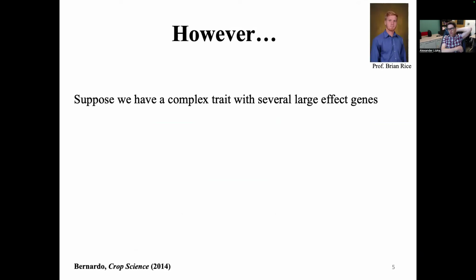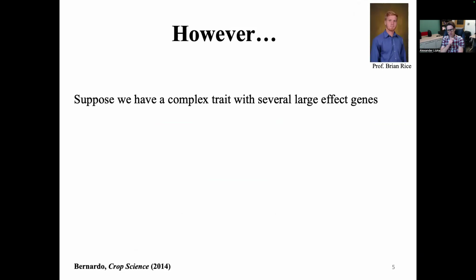So here's a picture of my first PhD student, and this is a thing that he studied for his master's degree. I'm putting professor there because he's now an assistant professor at the University of Nebraska. He was wondering, Professor Rice, that is, suppose we have a complex trait, with hundreds, thousands, tens of thousands of small effect genes contributing to the trait.